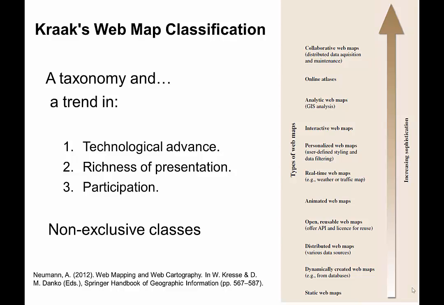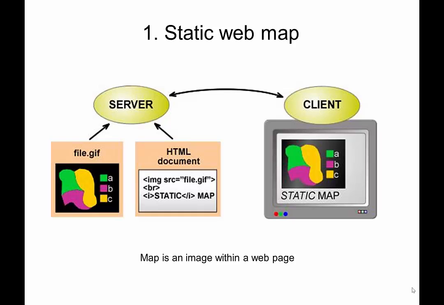As we go through this classification, I'd like you to discover that these are not necessarily exclusive classes. So any particular web map may be a member of one or more of these classes. And that doesn't make for a particularly great classification.